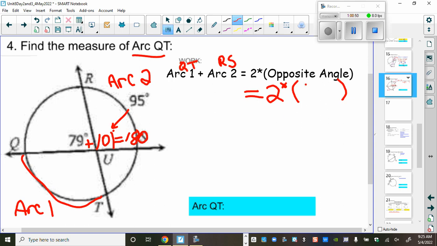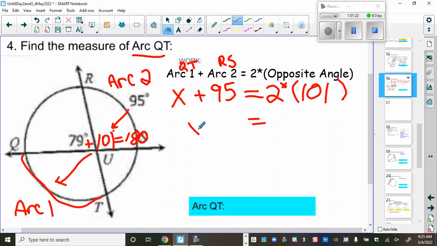The 101. And then arc 2 we found out was 95. Do we know what arc 1 is yet? We don't know it yet, but we can find out. Now, what's 2 times 101?